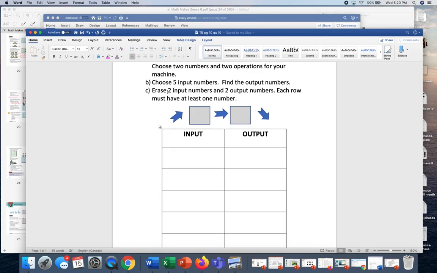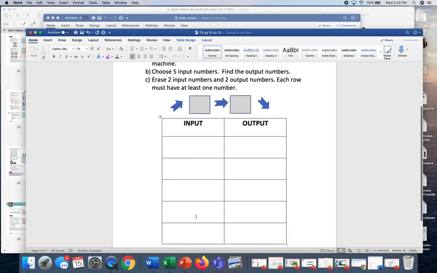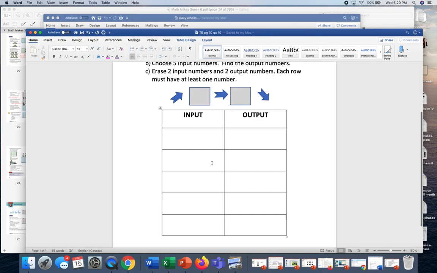Then what you need to do is erase 2 input numbers and 2 output numbers. Okay, so you're going to erase 2 in here and then 2 in here. But each row must still have at least 1 number. So you can't erase both here or both here. You have to have something that's left on either side.